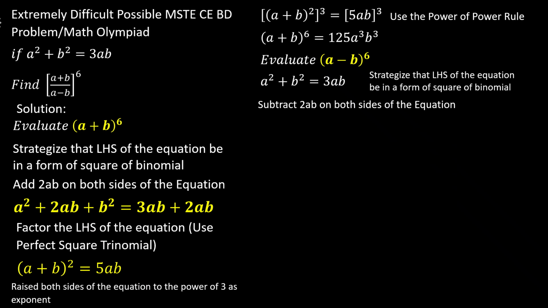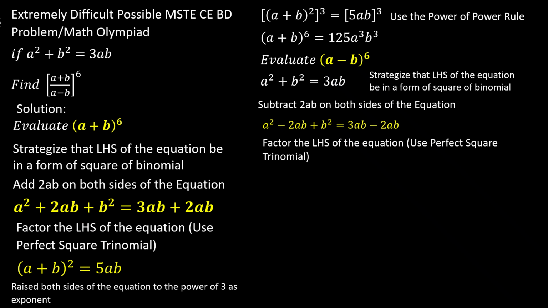In order to do that strategy, we must subtract 2ab on both sides of the equation. Originally, it is a squared plus b squared equals 3ab. If we subtract 2ab on both sides, our equation will become a squared minus 2ab plus b squared equals 3ab minus 2ab.